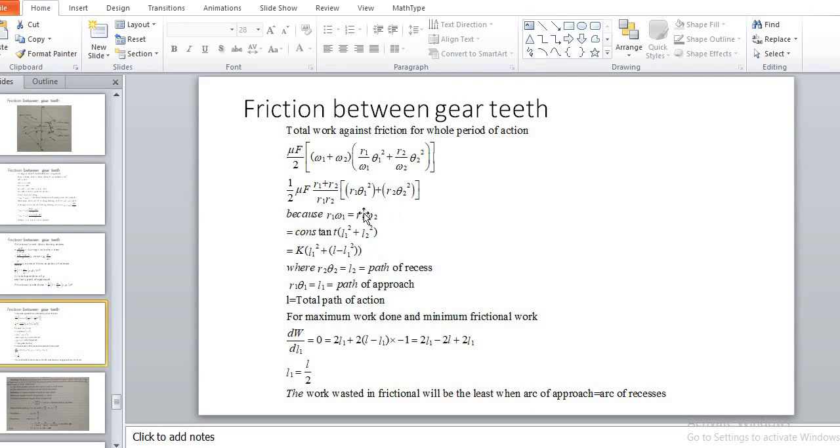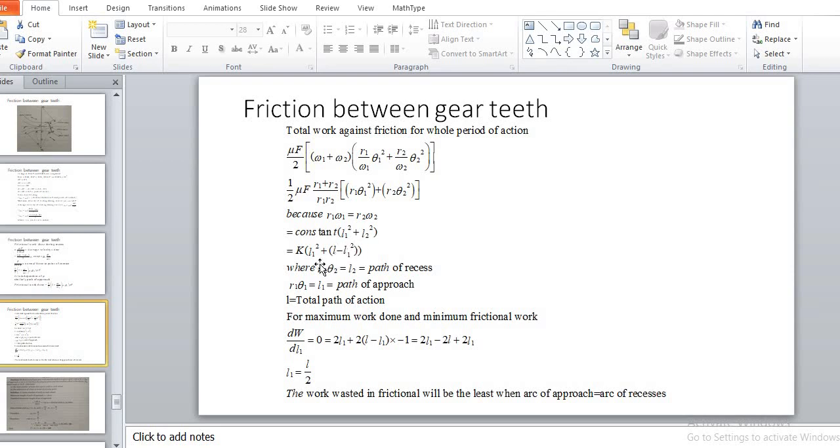So we put these values here. The square is outside of the bracket: it is not theta 1 squared, but (r1 theta 1) bracket squared, and (r2 theta 2) bracket squared. So when we put r1 theta 1 equal to L1 and r2 theta 2 equal to L2, it becomes L1 squared and L2 squared.